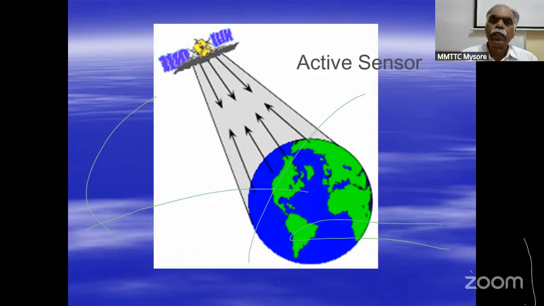The reflected wavelength will always be captured, because the satellite will be moving along with the Earth's rotation. It is only in very particular cases that these active sensors are used. I think you have understood about active and passive sensors.